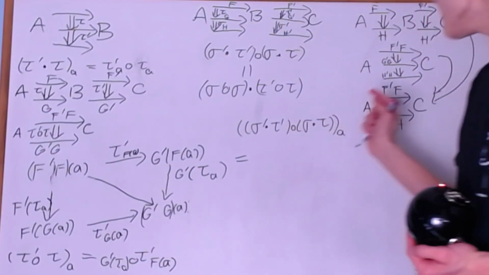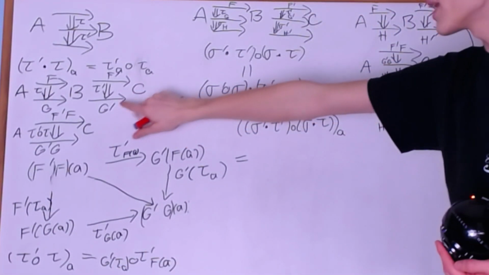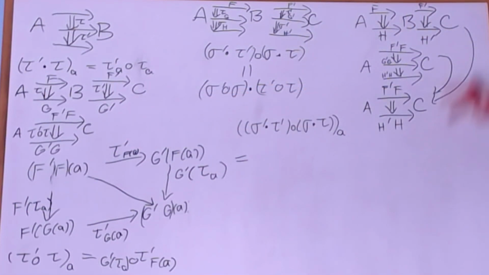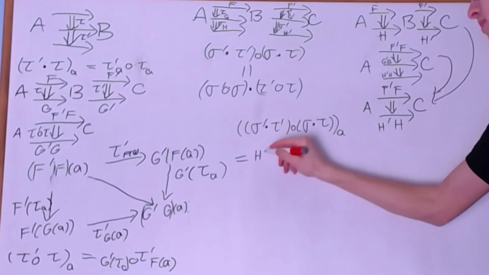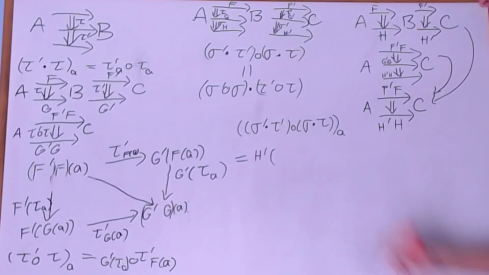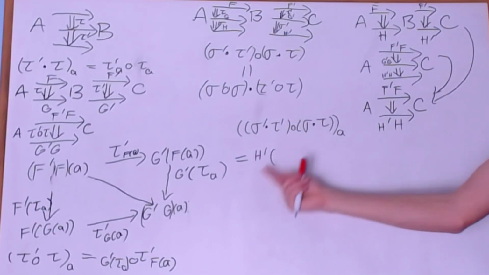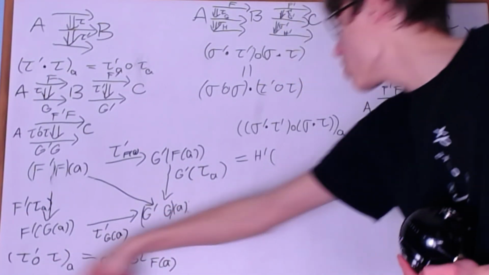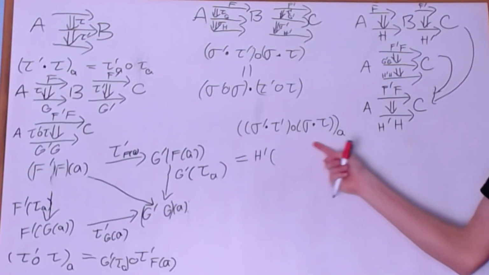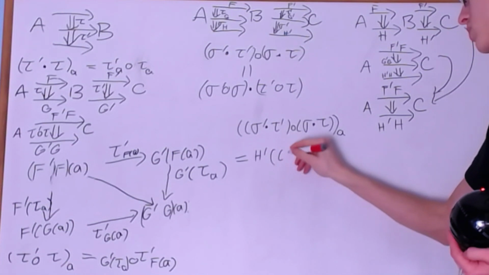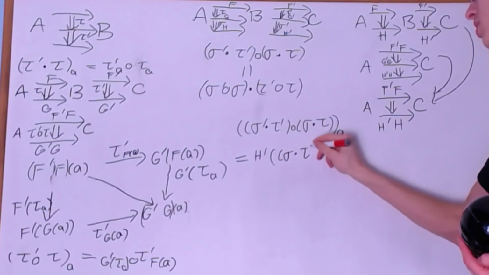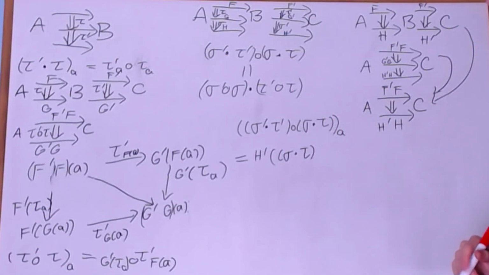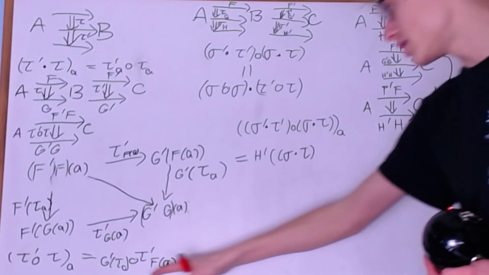So we do G prime. If we look at the diagram, G prime is the lower one. So in this diagram, it's H prime. So we do H prime. What do we apply it to? Well, you can see tau here is right there. So we apply it to sigma dot tau, the first one in the composition. And what do we do it at?